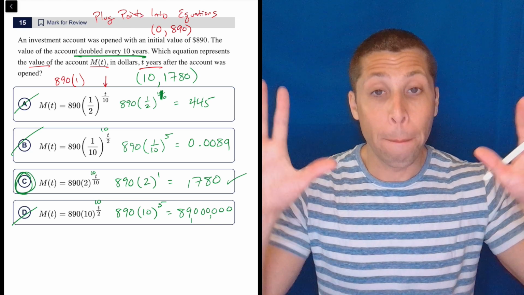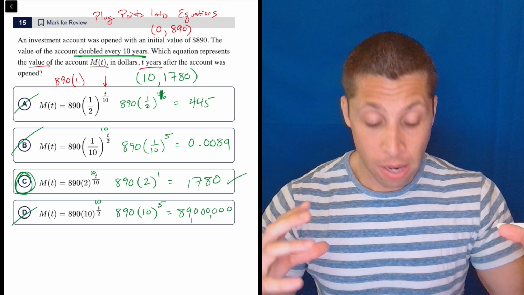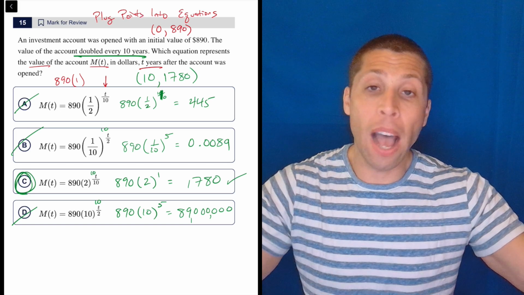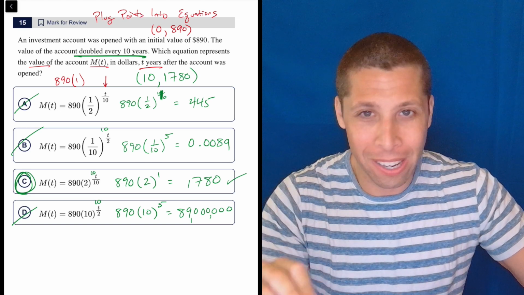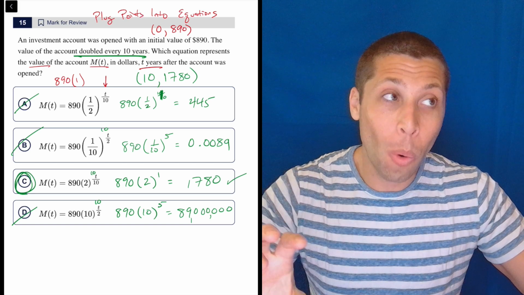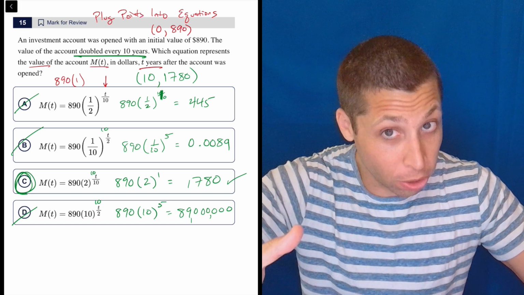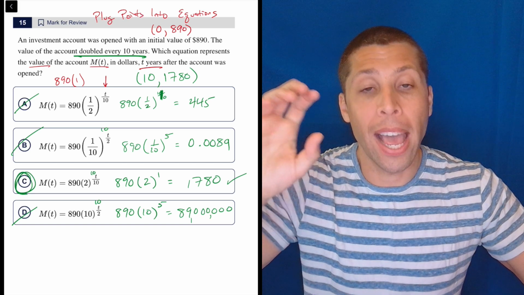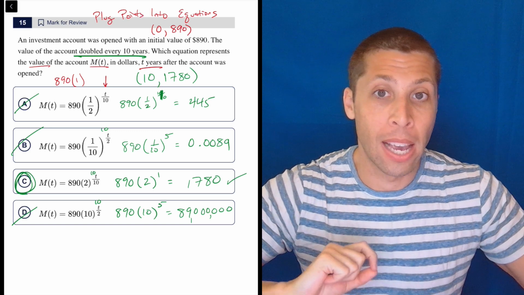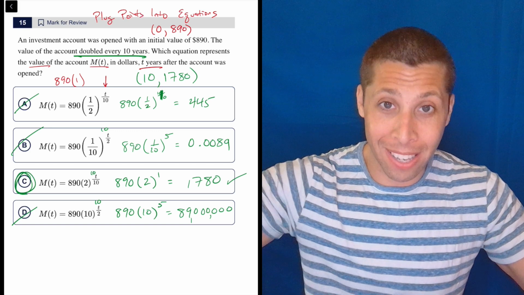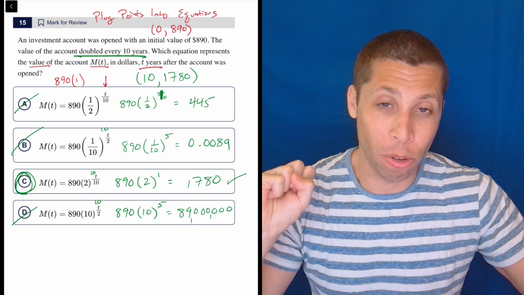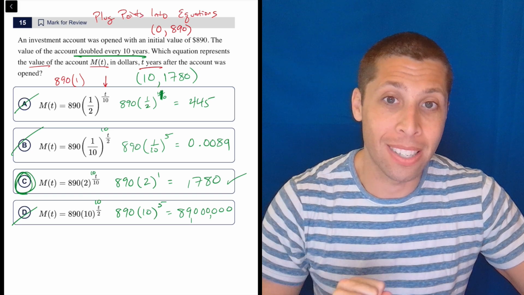Now again, many of you could have read this story and just known that that was going to be it. But harder versions of this question type are going to make it harder and harder to just read the story and know exactly what the equation is going to look like. So I say just get in the good habit of plugging the points into the equations, extracting points from the story, putting them in the equations and testing it out.